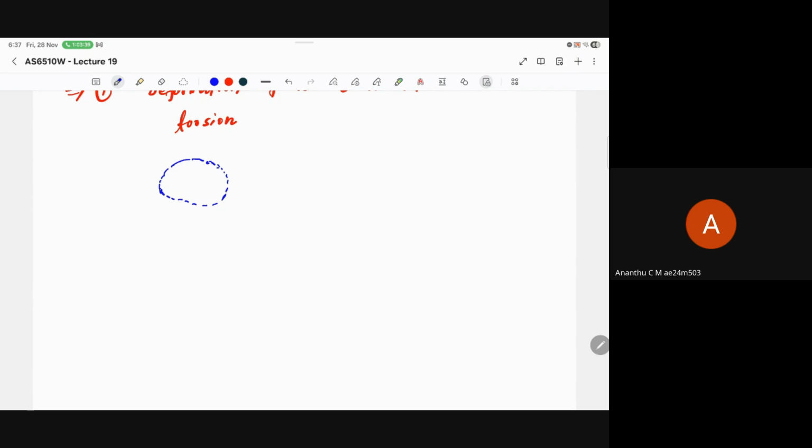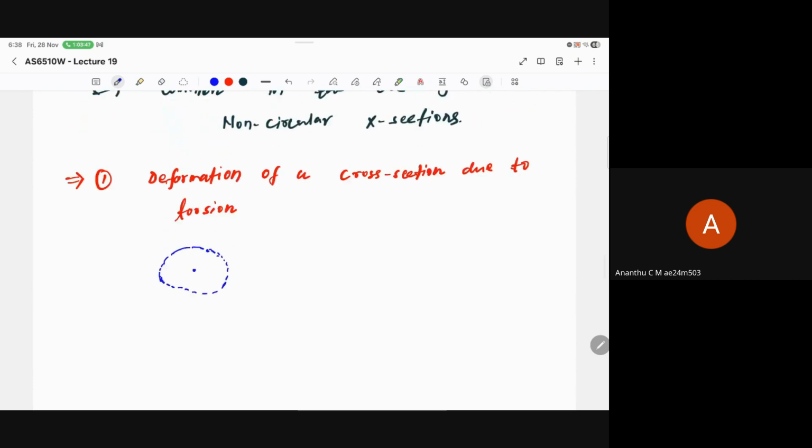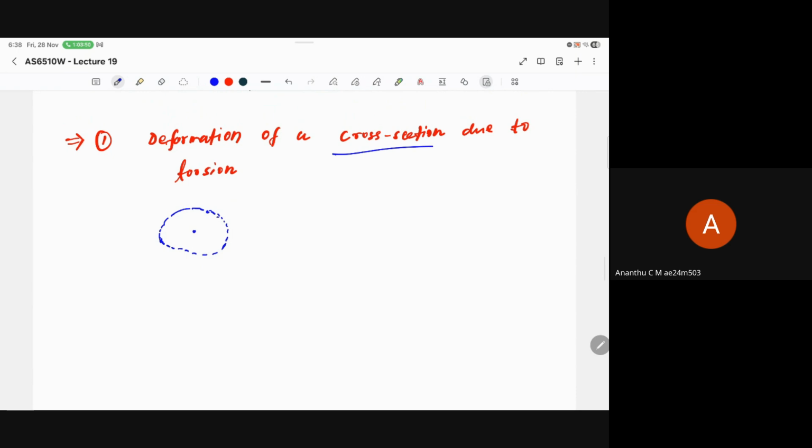Okay, somewhat similar cross section. Let us say this is at some location z of a particular cross section along the length. This is your axis, this is your y direction, and this is the x direction. So I'm looking at the top view. And this is how we are applying the torque.